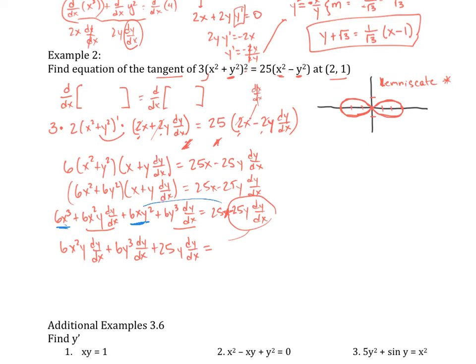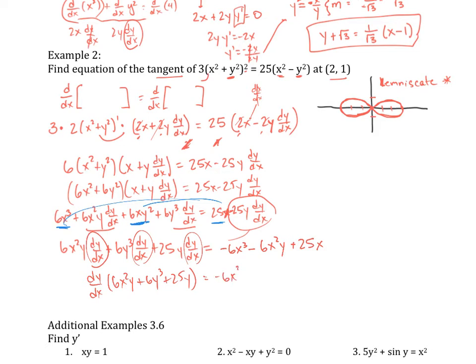So I'll move these over to the other side, and with this 25x. So on the right side, I will have negative 6x cubed minus 6x squared y plus the 25x. Okay, take out the dy dx that they have in common, and I'm left with 6x squared y plus 6y cubed plus 25y equals negative 6x cubed minus 6x squared y plus 25x.